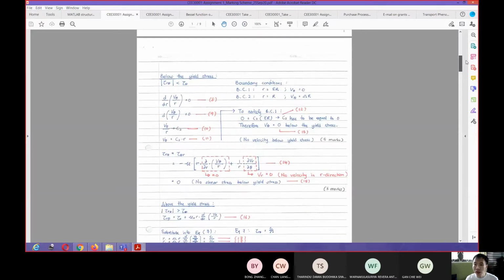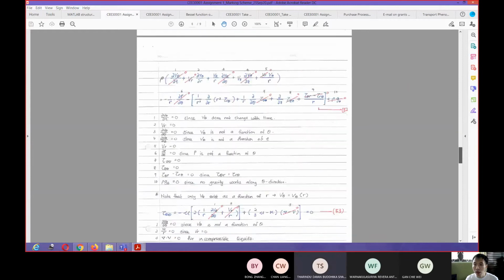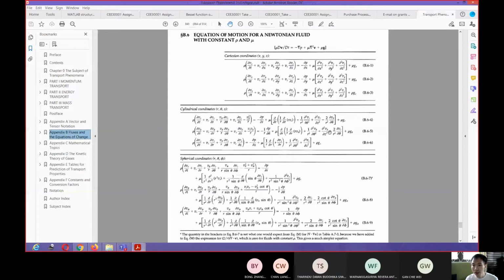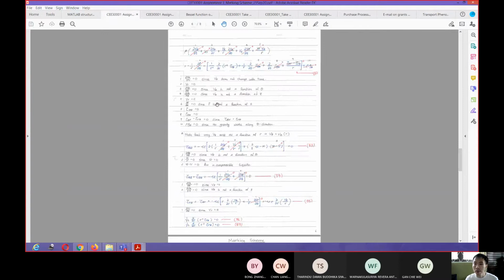So that can be solved using what I put here, where you are using B65. Then I want you to relate this back to your postulations. This one has to be equal to 0 because your velocity in the angular direction does not change with time, and your velocity in the radial direction is equal to 0.